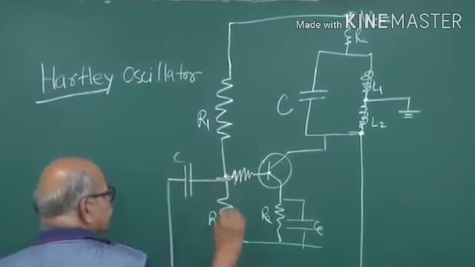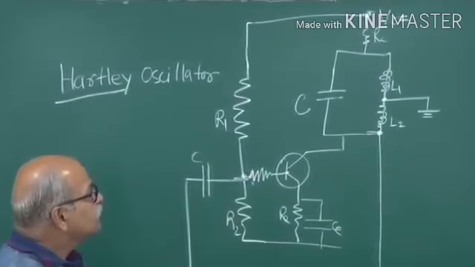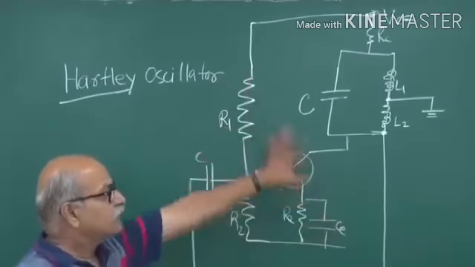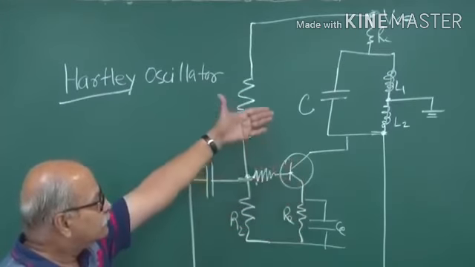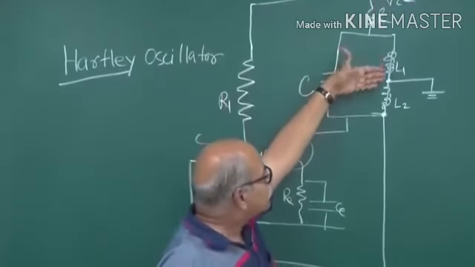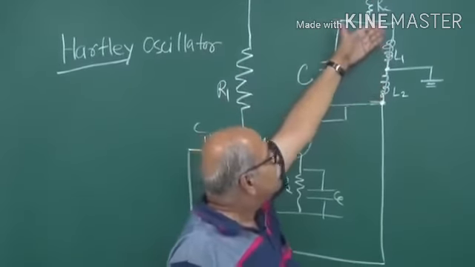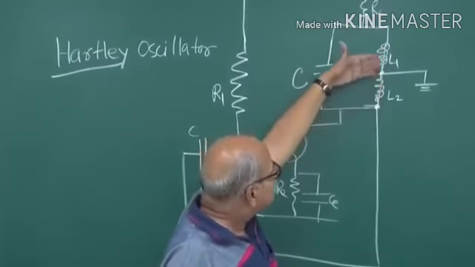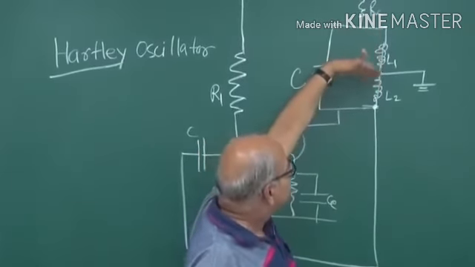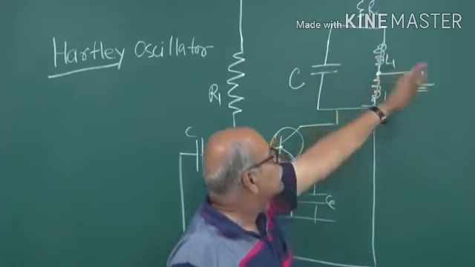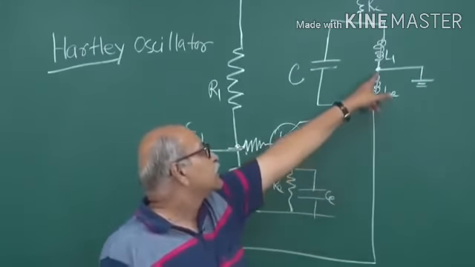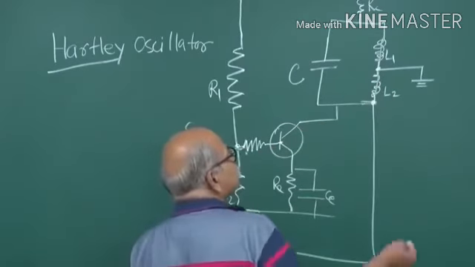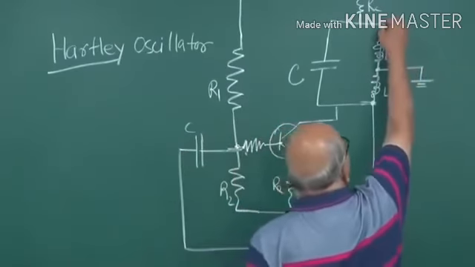Okay, so it goes like this. This is the circuit of the Hartley oscillator, and instead of two separate inductors L1 and L2, one can have a single inductor also, and from somewhere in between you tap it and put it to ground. So the feedback is coming from here, and your output can come from here.